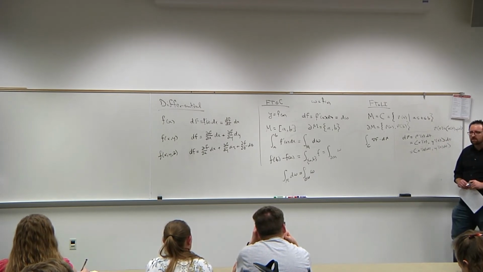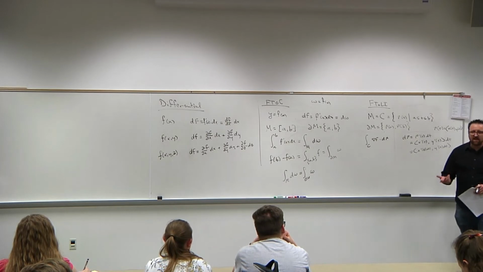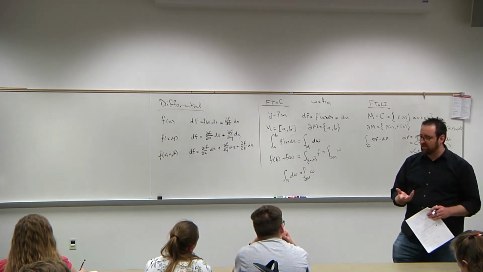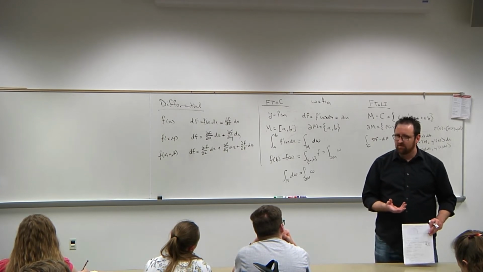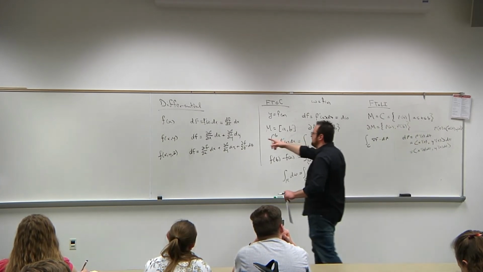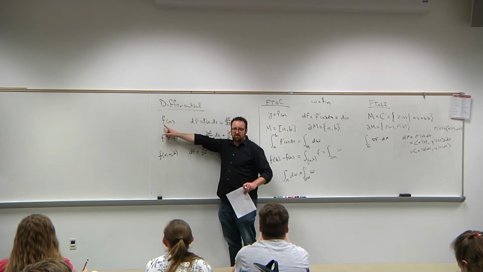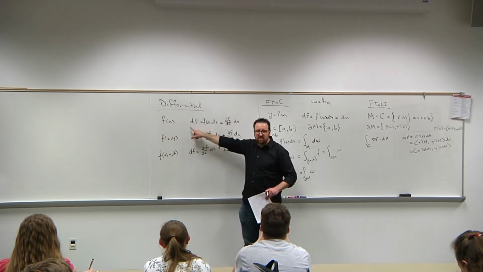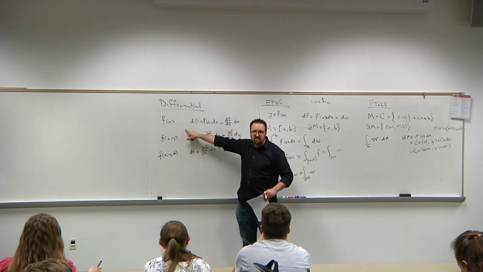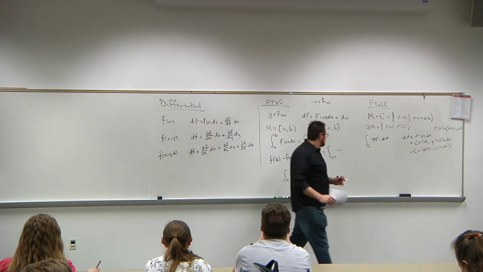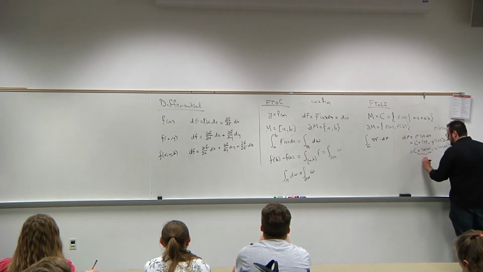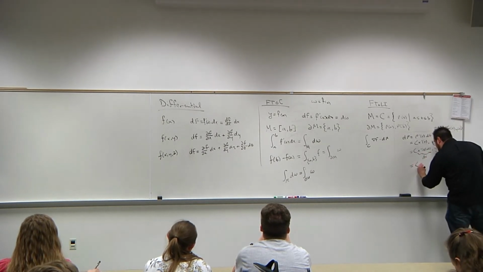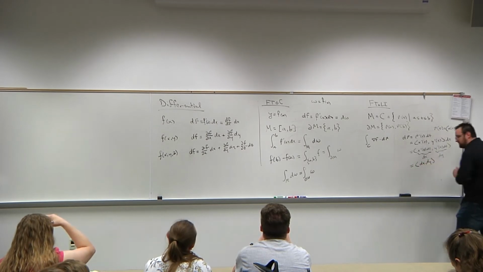And what does x prime of t dt look like? If the function is x of t, then x prime of t dt would be dx, right? So this right here is dx, and this one would be dy. So this is actually dx, dy.